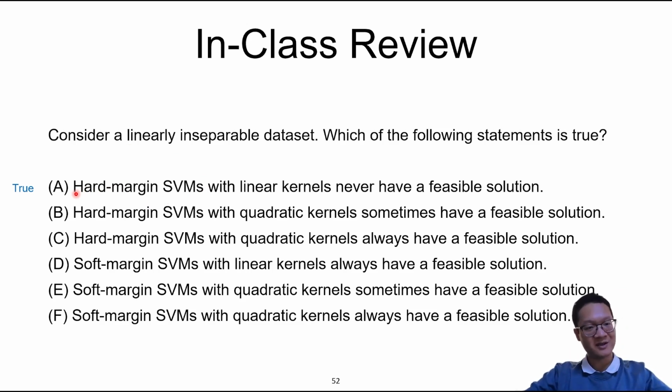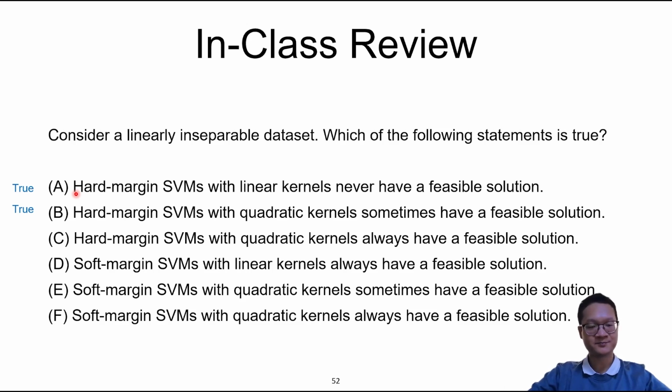Okay, let's look at B. Hard margin SVMs with quadratic kernels sometimes have a feasible solution. This one is true because even though the data set is not linearly separable, if we use a kernel, which is equivalent to introducing some features of the raw data points, we may be able to transform the data into a linearly separable data set in the feature space.